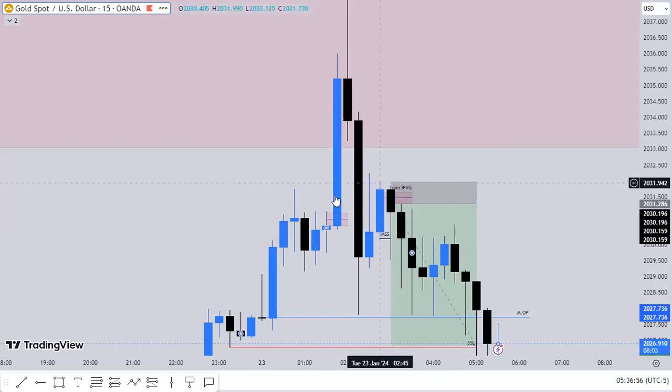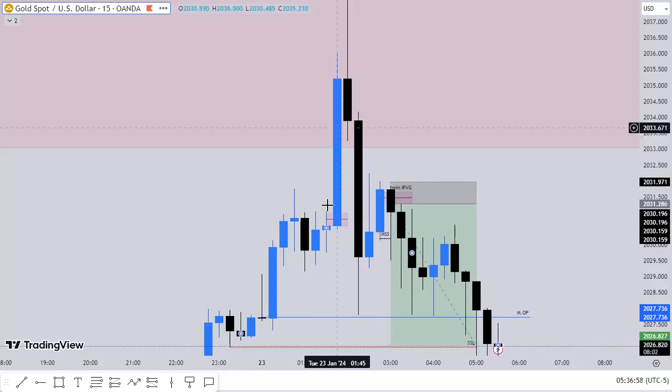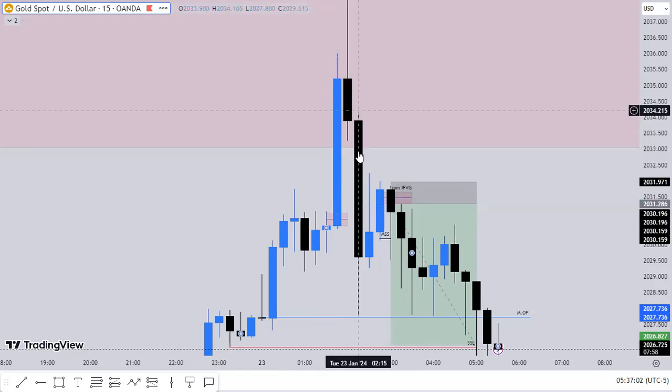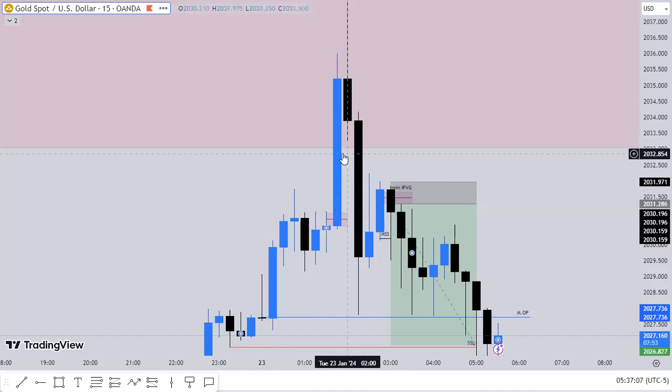Why? Because I have a fair value gap here, right? This is a fair value gap. This candle closes below it, so it became an inversion. So inversion fair value gap with MSS, price dig to it, making what? A breakaway gap.